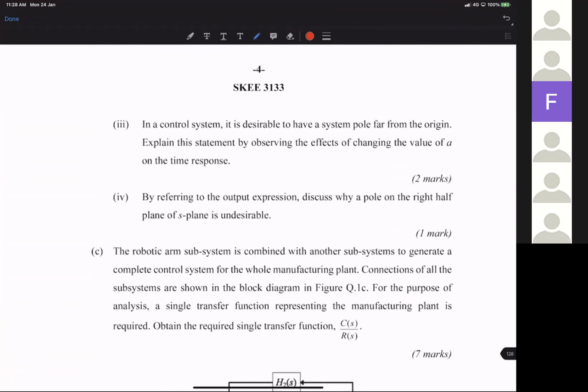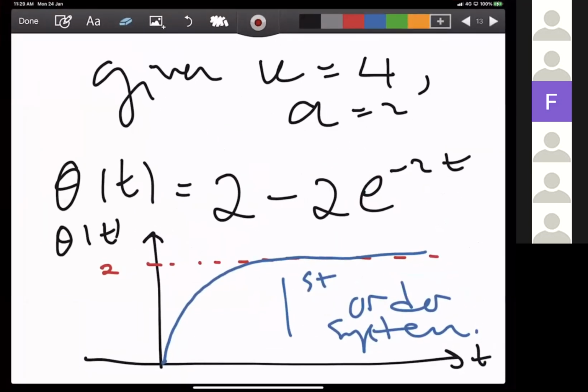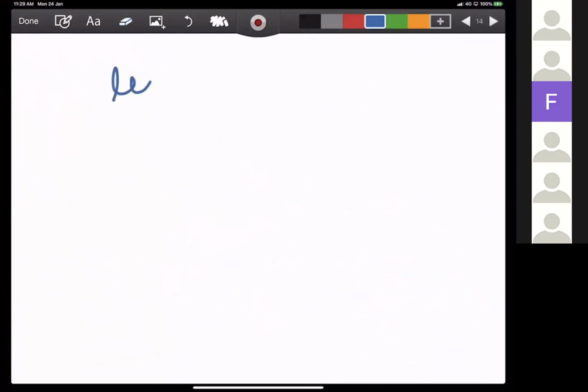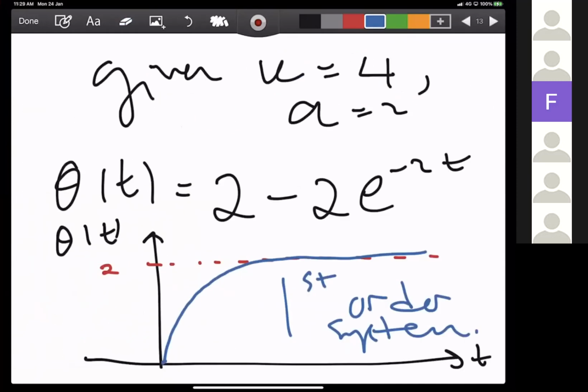So in control system, it is desirable to have a system with pole far from the origin. Explain this statement by observing the effects of changing the value of A on the time response. Let's say A equal to 5, and K still 4.